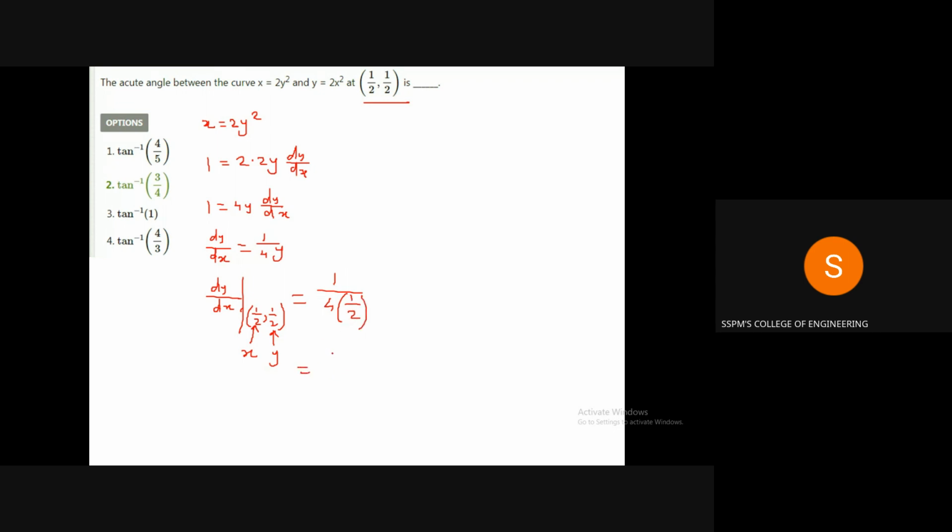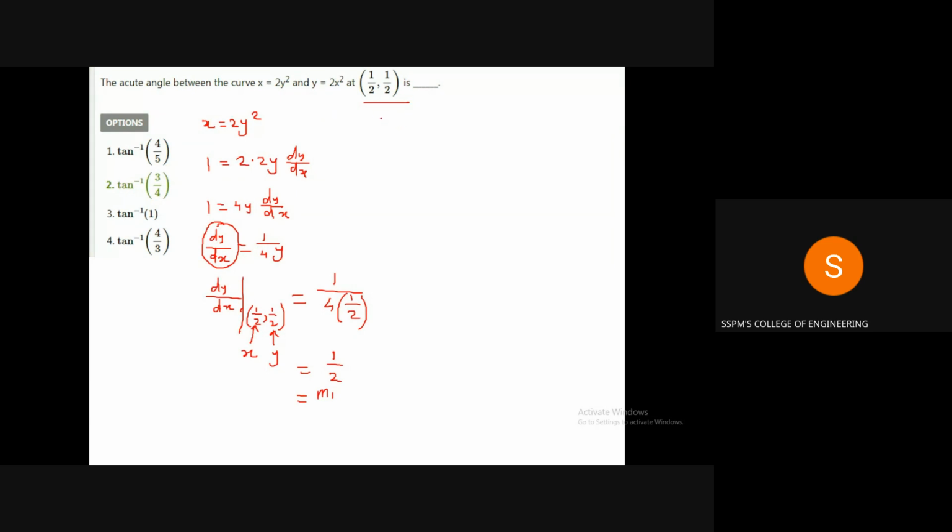Therefore 1 divided by 2. This is our m1. Remember, dy by dx is nothing but the slope of the line. So this is m1, that is half.